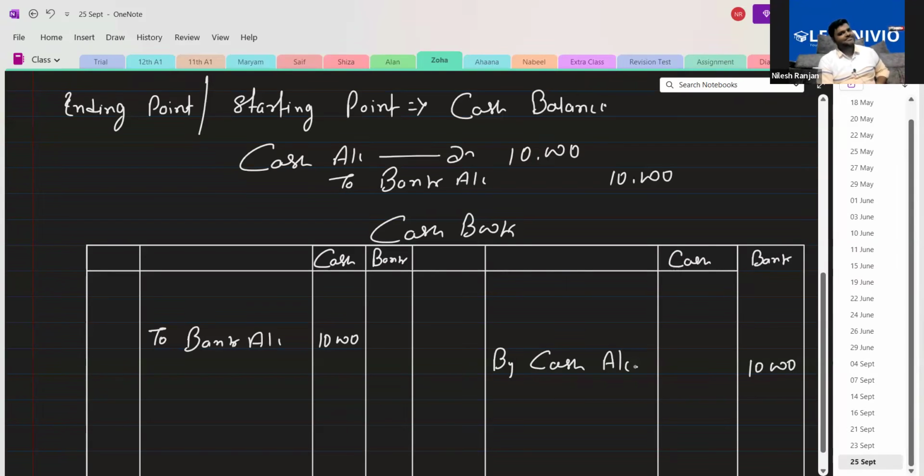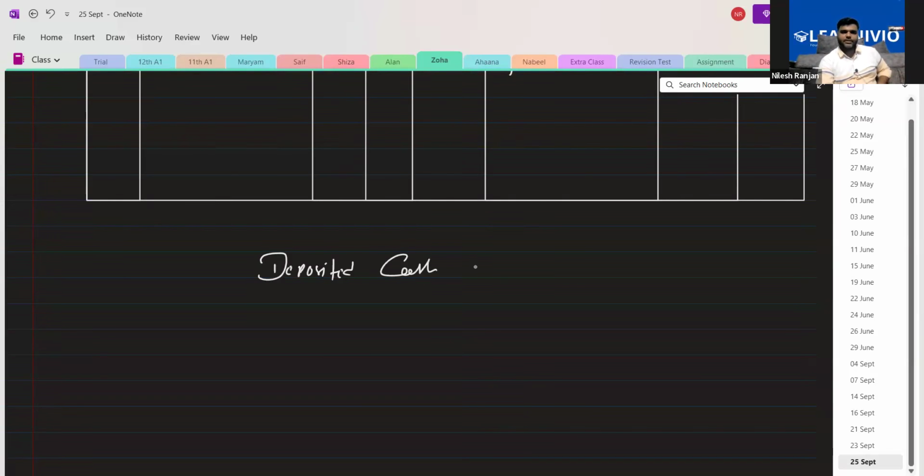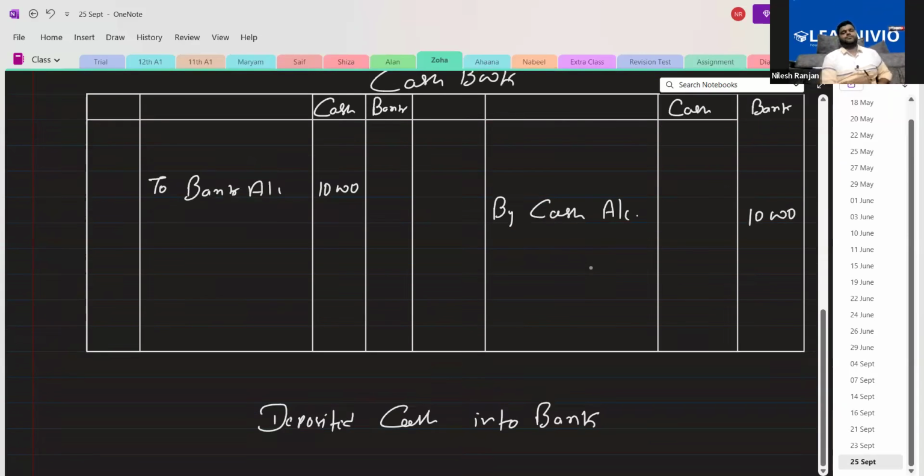Yeah, it's clear. Okay. Second transaction again: deposited cash into bank. Now tell me what is coming. Cash deposited into bank, the bank will be increasing and the cash is decreasing. So bank is coming and cash is going. We can say, when we say bank is coming, it doesn't mean the bank is coming, it means cash in the bank account is coming.